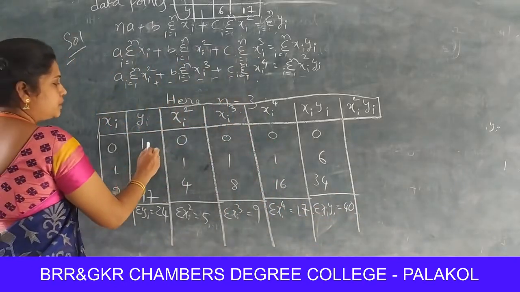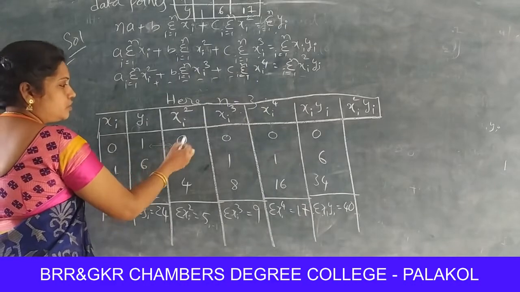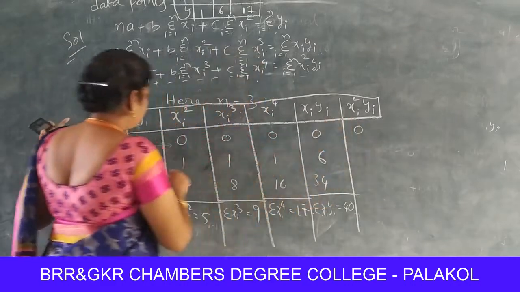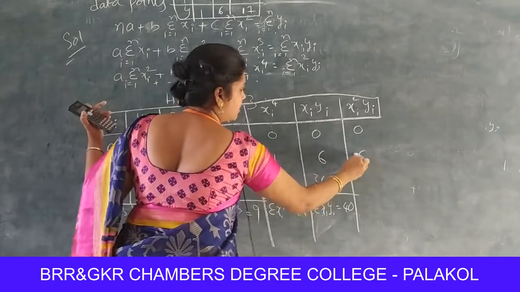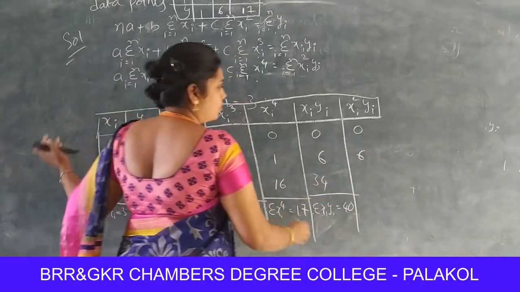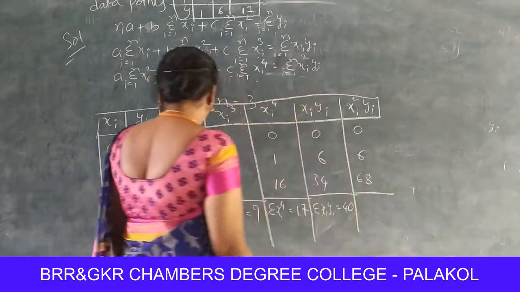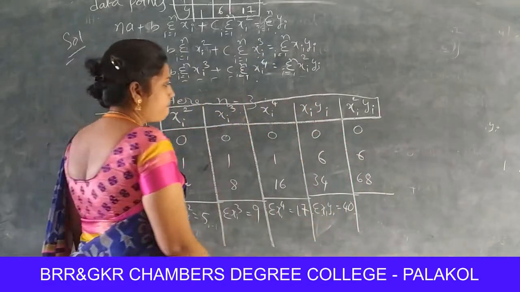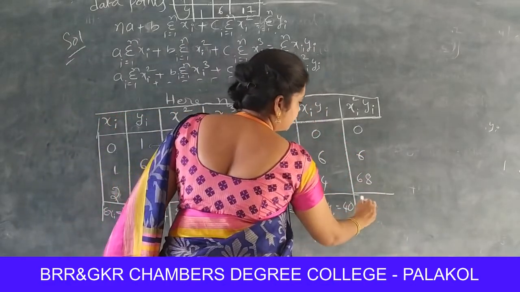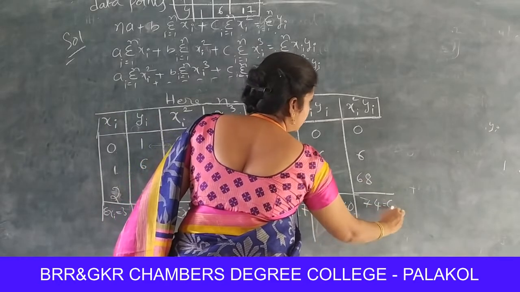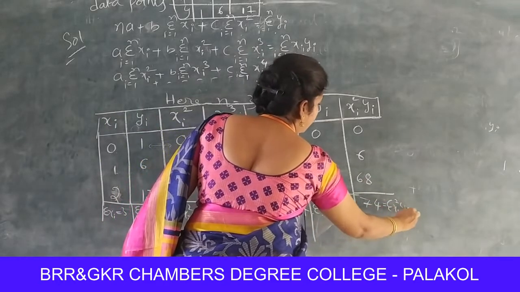So, we multiply these two values: 0 into 1 is 0, 1 into 6 is 6, 4 into 17 is 68. So, total 74, that is sigma xi square yi.